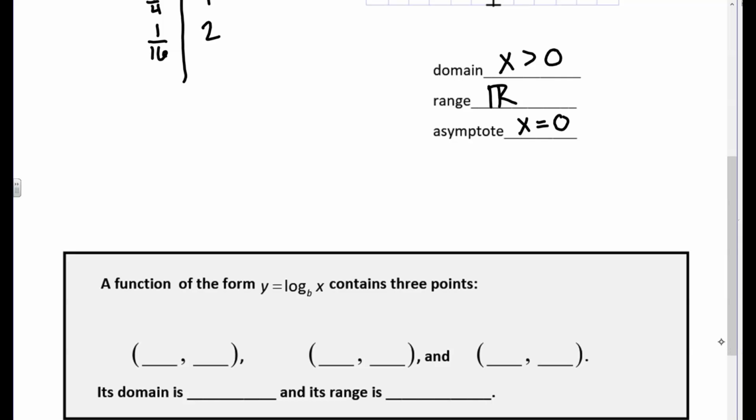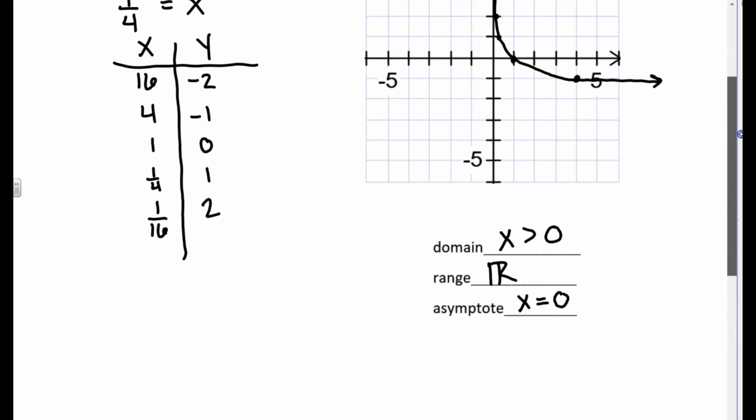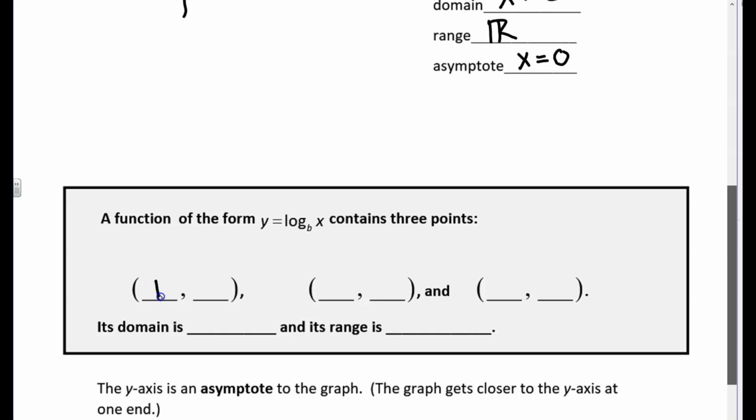The function form of y equals log base b of x always contains 3 nice pretty points. The one that you're always going to remember, it's always going to contain 1, 0, because b to the 0 is always 1, so 1, 0.